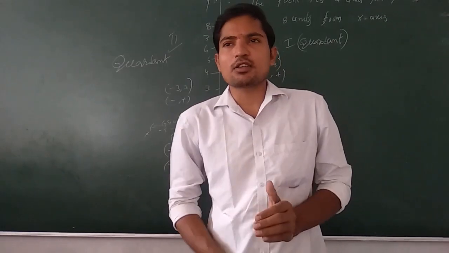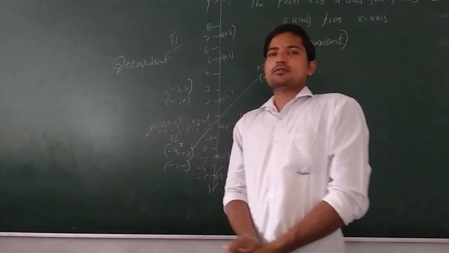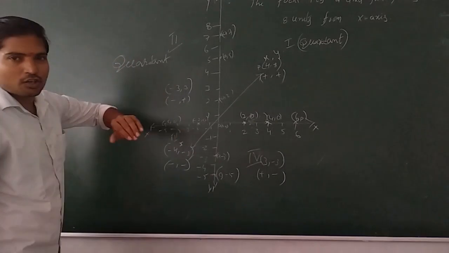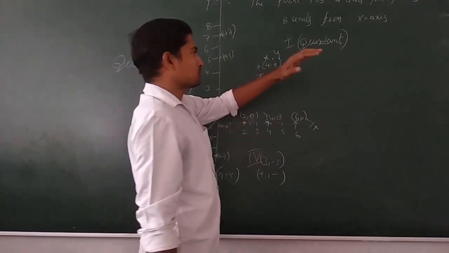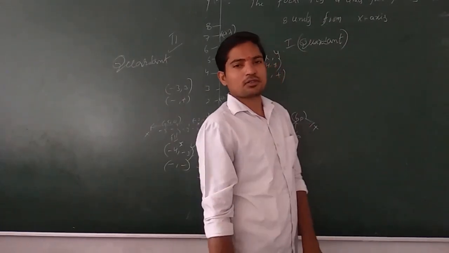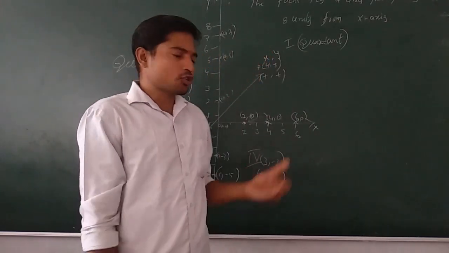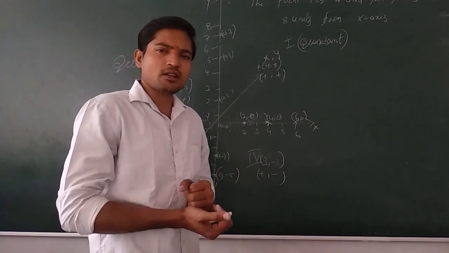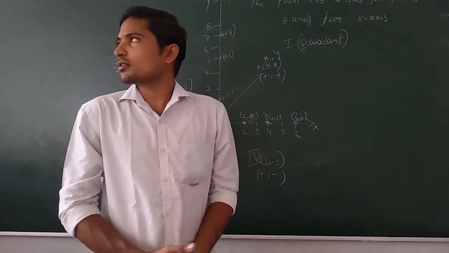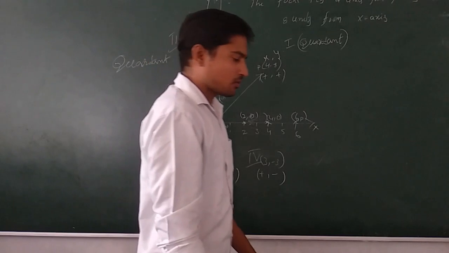When the x coordinate is 0, it lies on the y-axis; when the y coordinate is 0, it lies on the x-axis. So 2, 0 lies on which axis? The y coordinate is 0, so definitely on the x-axis. And minus 5, 0... and 0, minus 5, where the x coordinate is 0, lies on the y-axis.